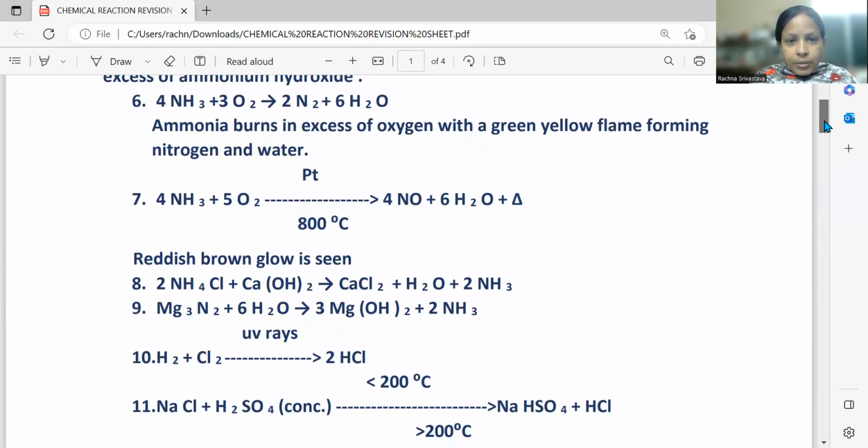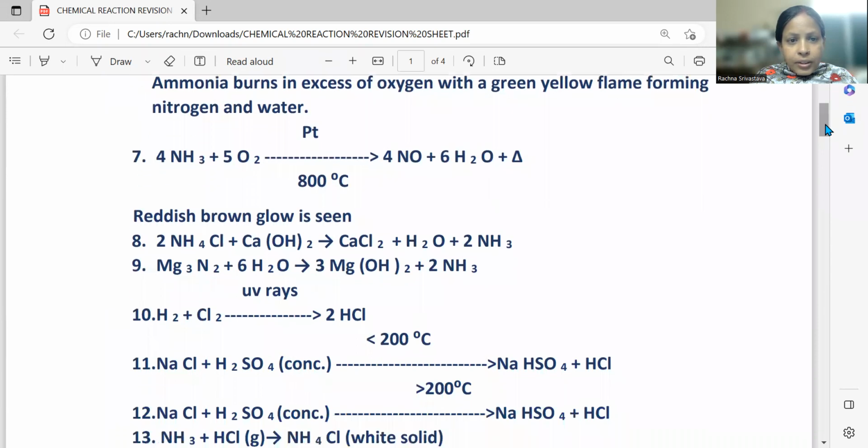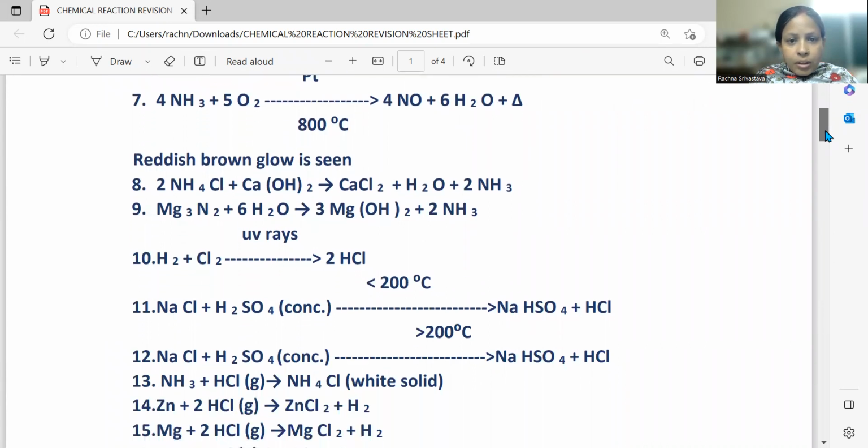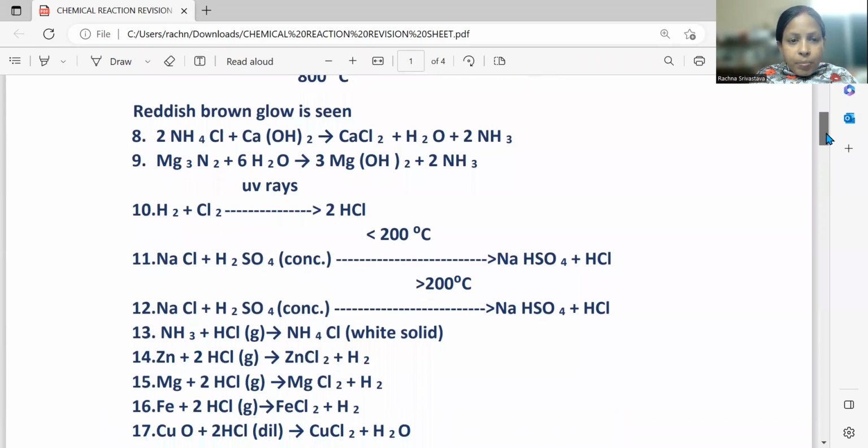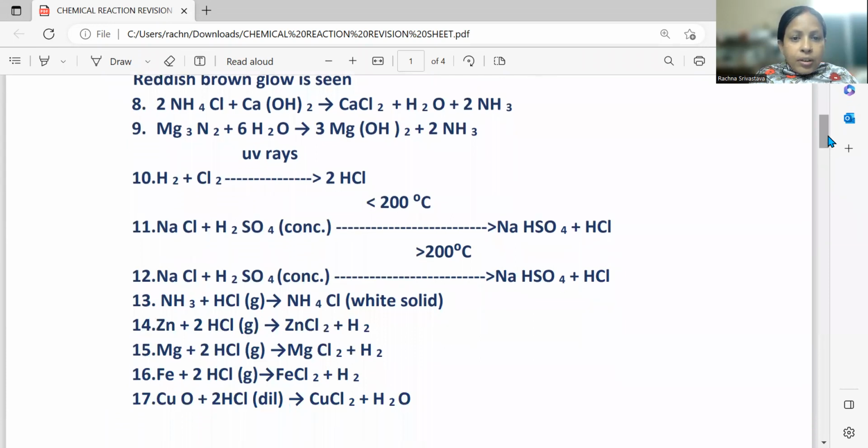If any catalyst is being used, then the catalyst is written. If any temperature condition is there, then that temperature condition is mentioned. The most important part, children, is the state of the acid, whether it is in the conc form or in the dilute form, you are supposed to write.